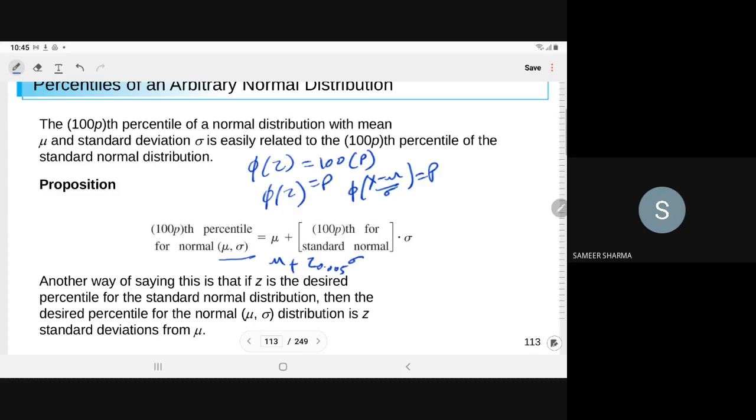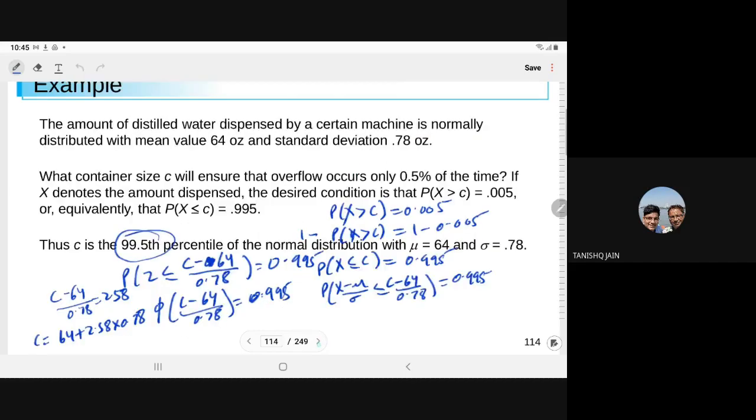That is the formula if you have to compute for the X. So that is 64 plus 2.58 into 0.78 that we have computed in our question.